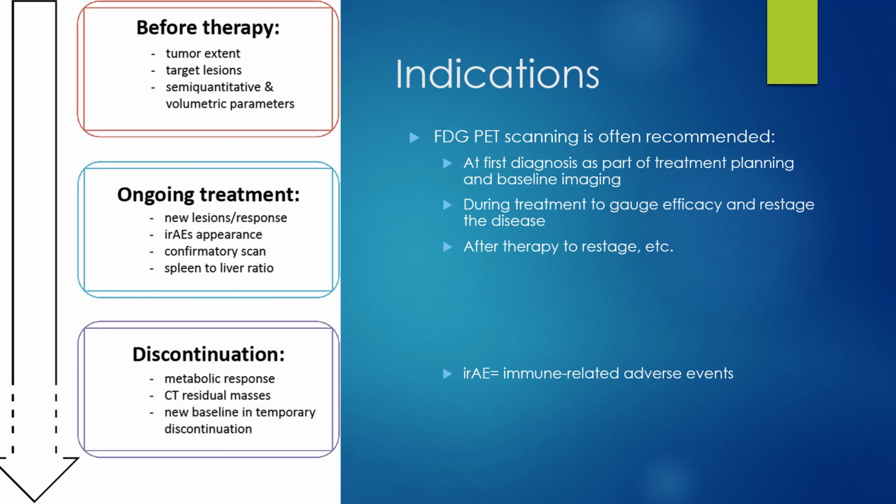It looks for immune-related adverse events, such as inflammation in the area. That can happen if people are actively undergoing radiation therapy, for example. It's used for confirmatory scans and looking at spleen to liver ratios, and then discontinuation of therapy. It's used after the fact to look at metabolic response, evaluate CT residual masses, and then to establish new baselines.